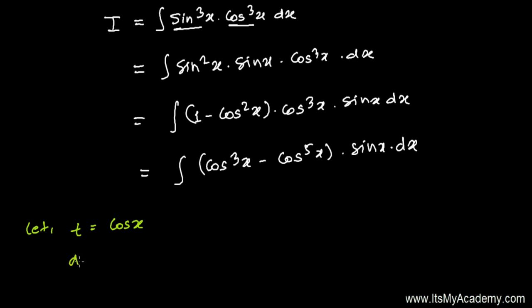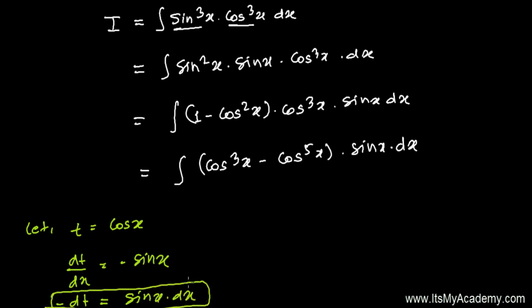So dt over dx is minus sine x, therefore I can say negative dt equals sine x times dx. Using this relationship, my integral now has cos cube, and cos is t, so it's t cube.